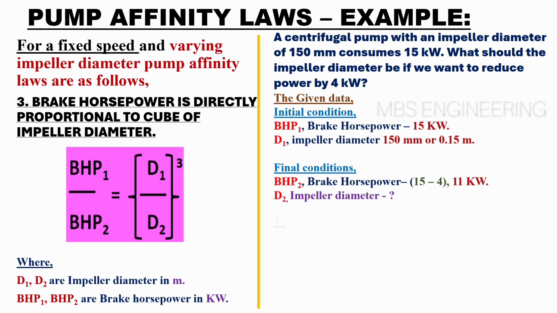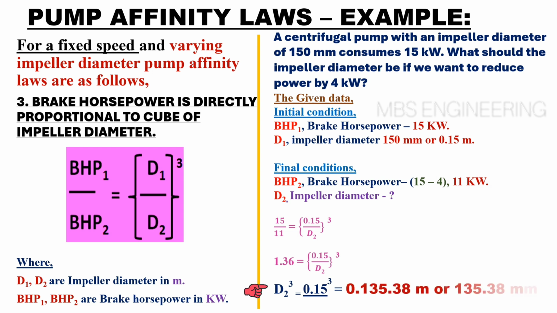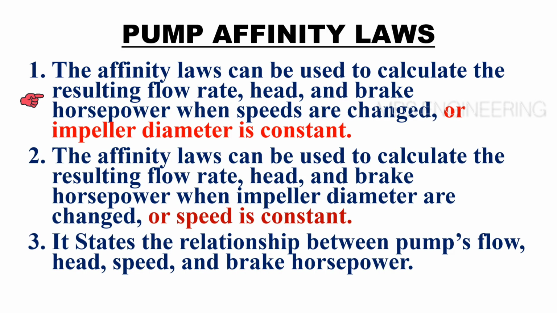Next, we will apply the provided data in the given formula to calculate d2. Please refer to the step-by-step calculations. Finally, we have determined that the pump impeller diameter d2 is 0.13538 meters, or 135.38 millimeters.